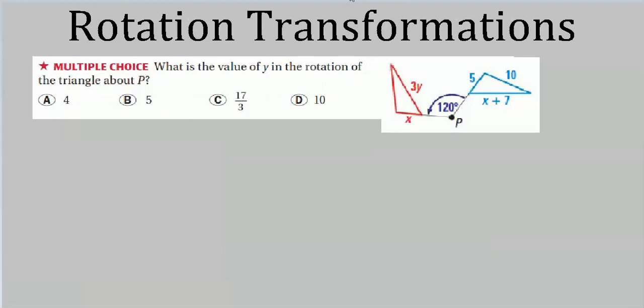Well, here's one that's kind of interesting. It's tempting to start worrying about the rotation here. Like, what are our new coordinates, or how do we perform this rotation? And what the heck is point P? Well, that's not really important. The important part of this problem is remembering that a rotation is an isometry. It's a congruence transformation.